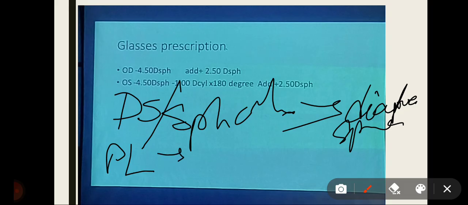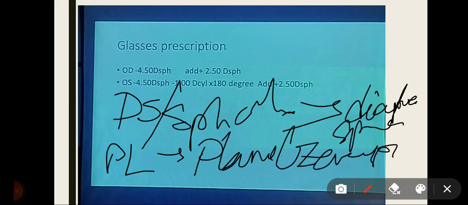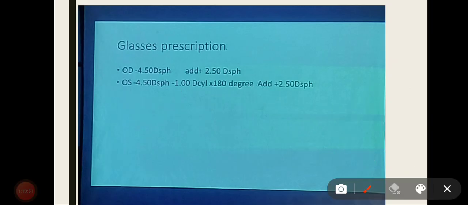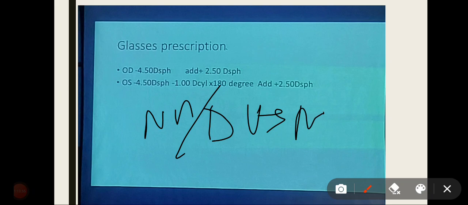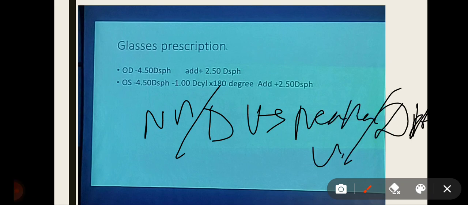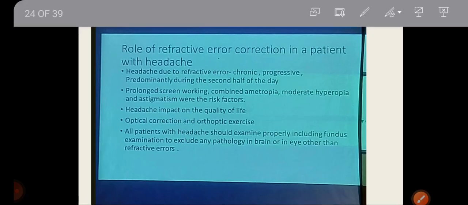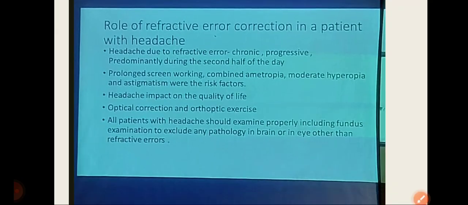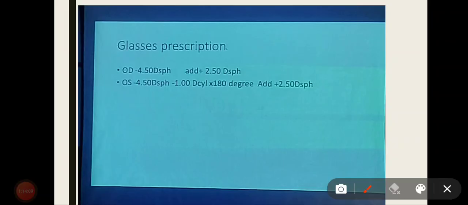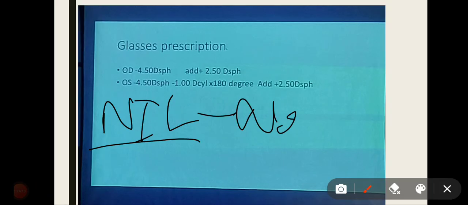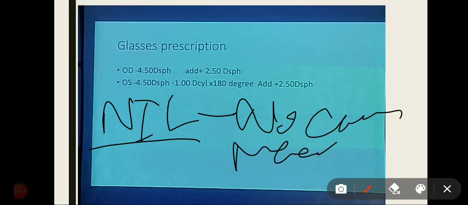PL for plano, that is 0 power. NV or DV, this is near vision or distance vision. And there will be NIL, this means no correction needed.